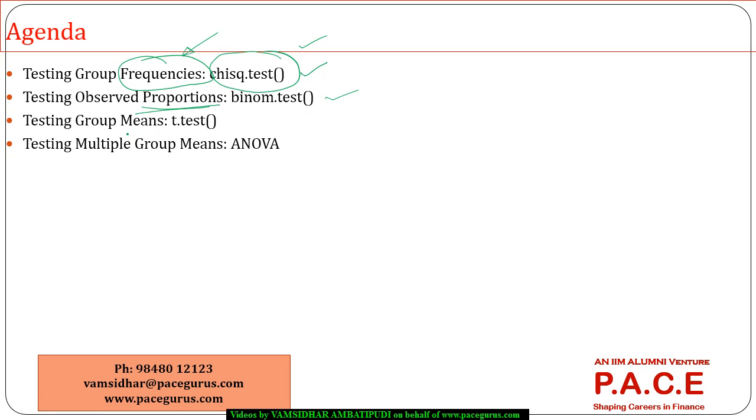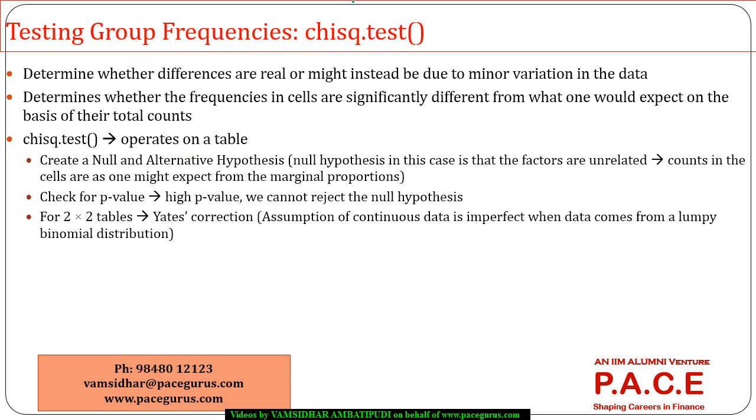If my objective is to compare the means, test whether the means of the groups are really different or not, then I would be engaging a t-test. And if I want to compare the means across multiple groups, then I would be using ANOVA. So these are the four kinds of tests that I want to look at in this particular session today.